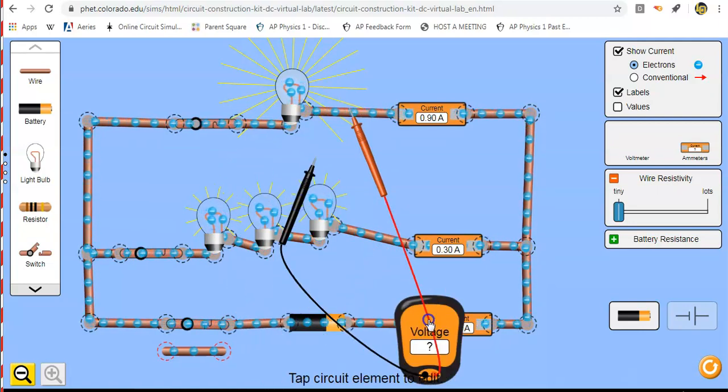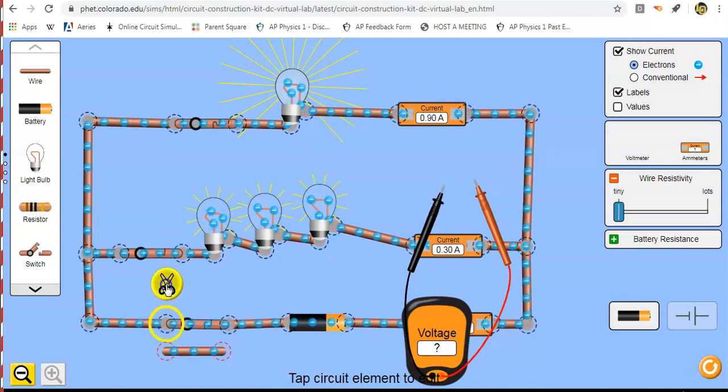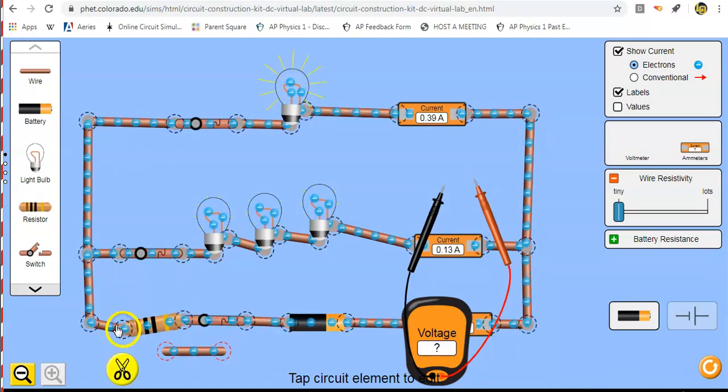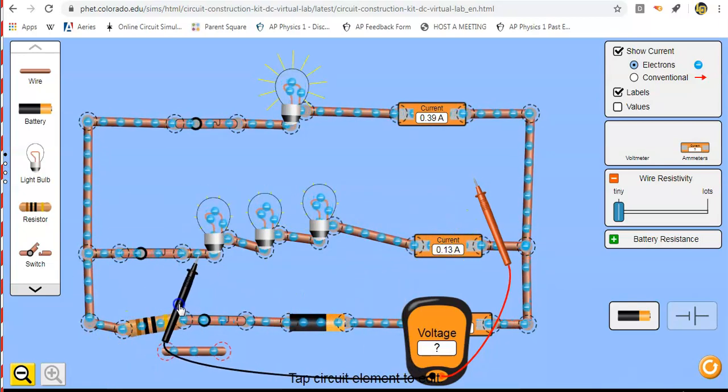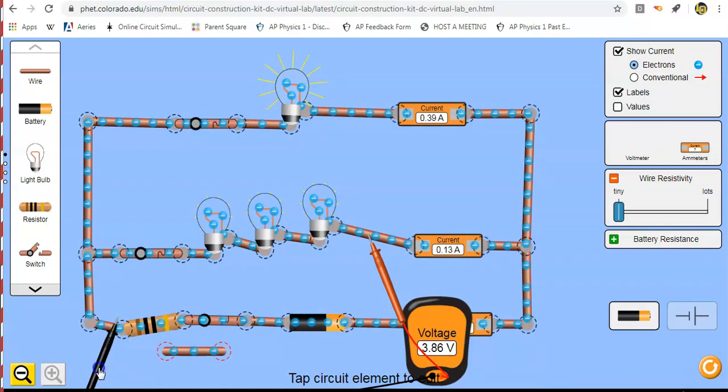Now, suppose I were to place another resistor in here. I'm going to use a real resistor here, not a light bulb, and connect this on. Now, these are not 9 volts anymore because some of the voltage is going across this resistor.